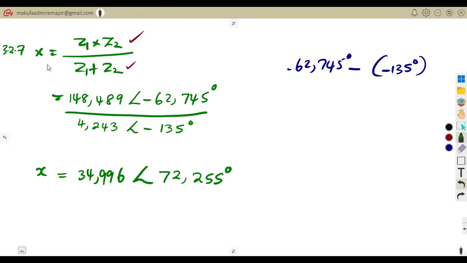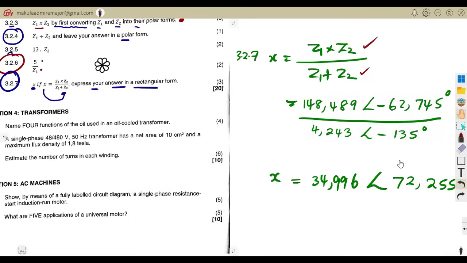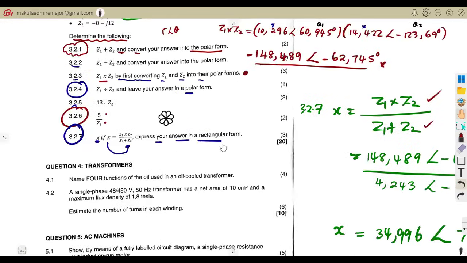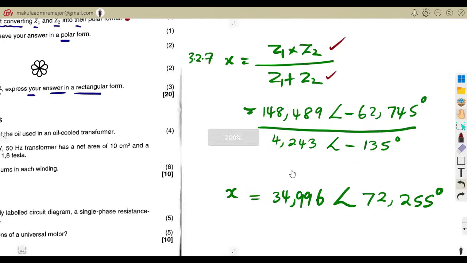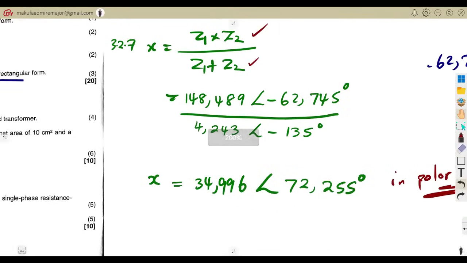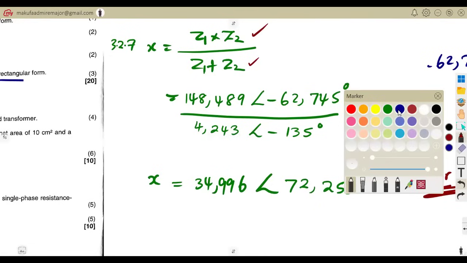But this x that we are talking about is in polar form, as we can see. They are saying the x to be calculated, in its final presentation, let it be in rectangular form. So the x that we calculated here, you are supposed now to convert to rectangular form.